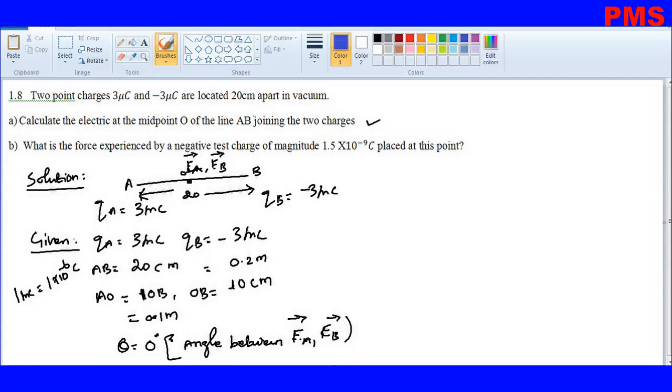So what is the suitable formula for calculating the electric field?